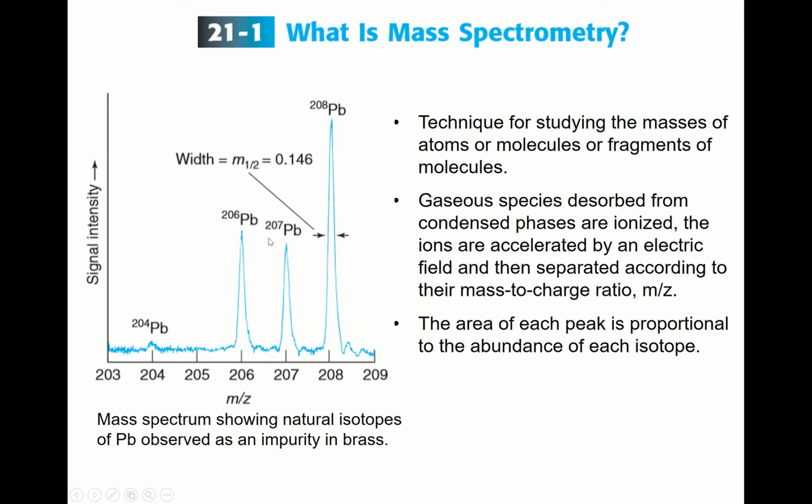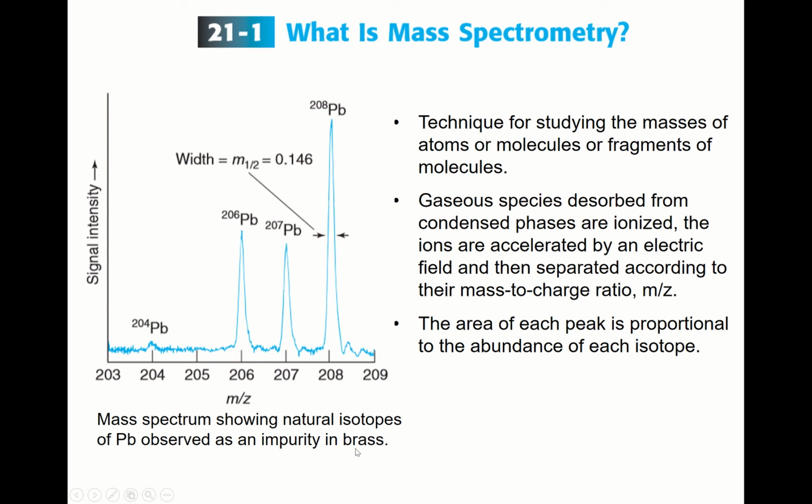It is all about lead, and there are one, two, three, four peaks. This is a mass spectrum showing natural isotopes of lead observed as an impurity in brass.